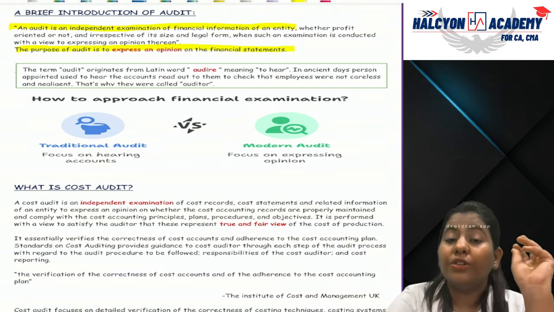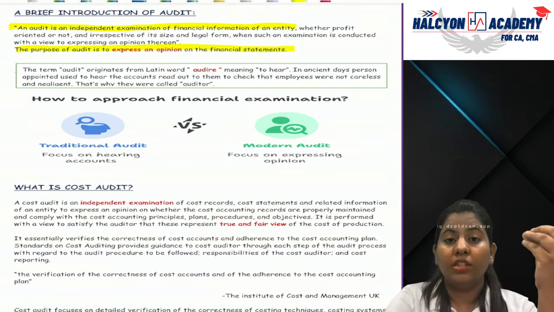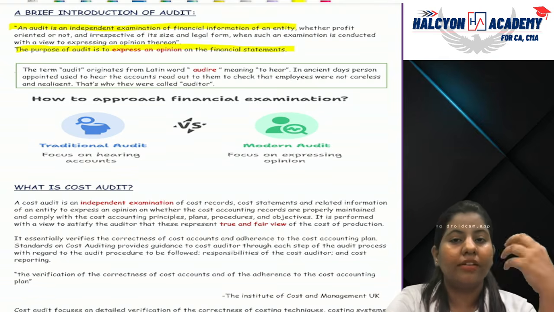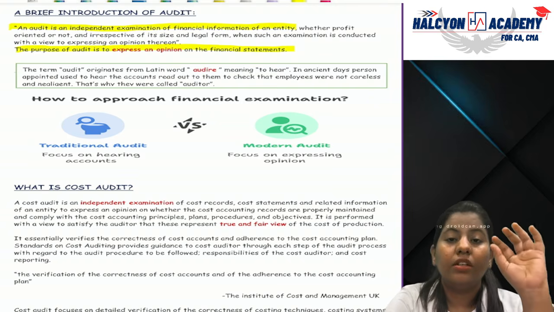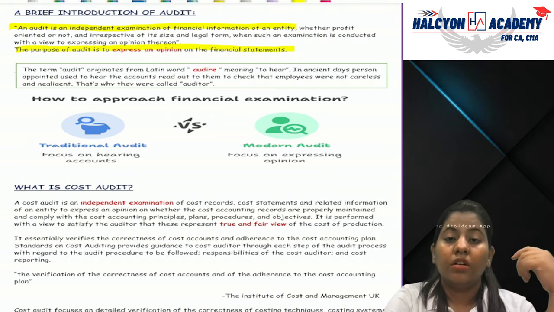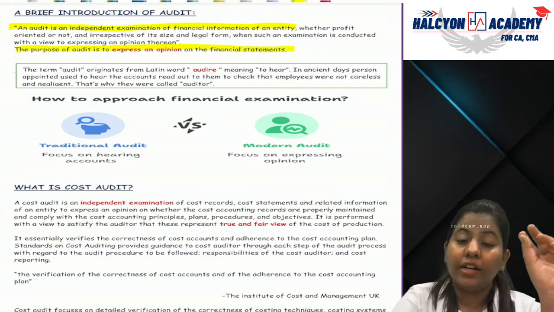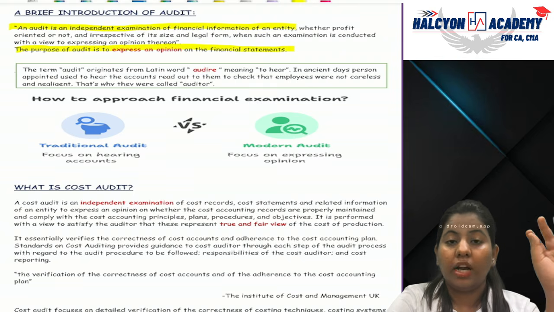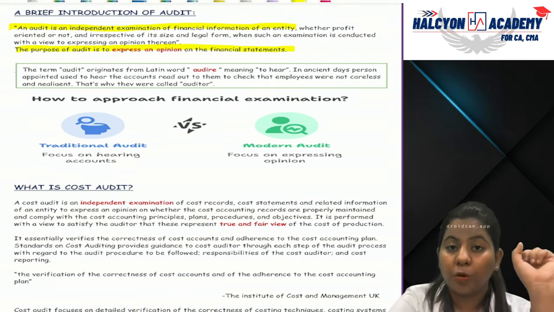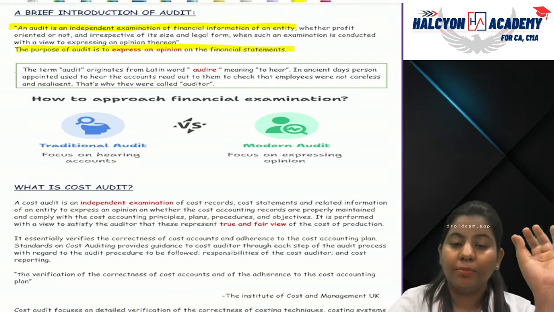He also tried to figure out whether the employees are negligent or really responsible, whether everything is correct or not, whether there is any mistake, whether there is any fraud.